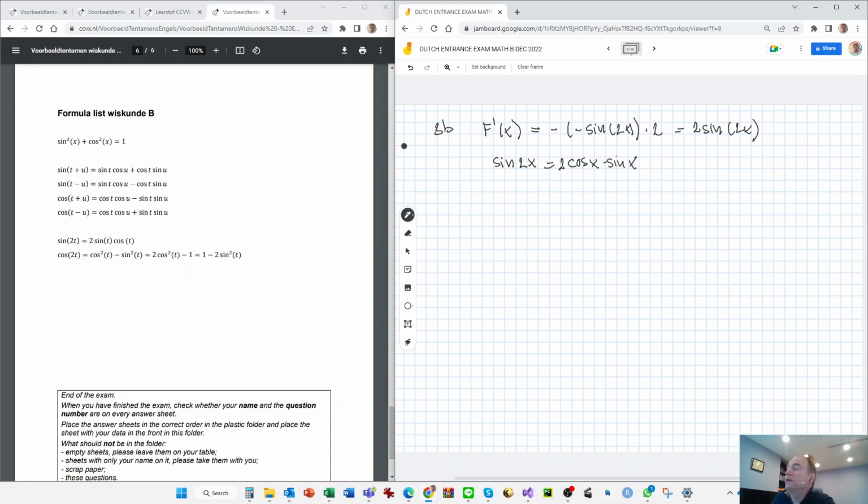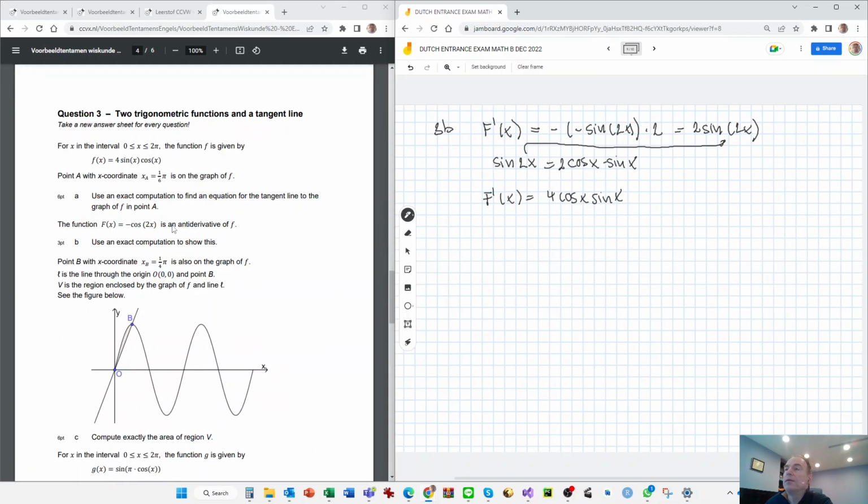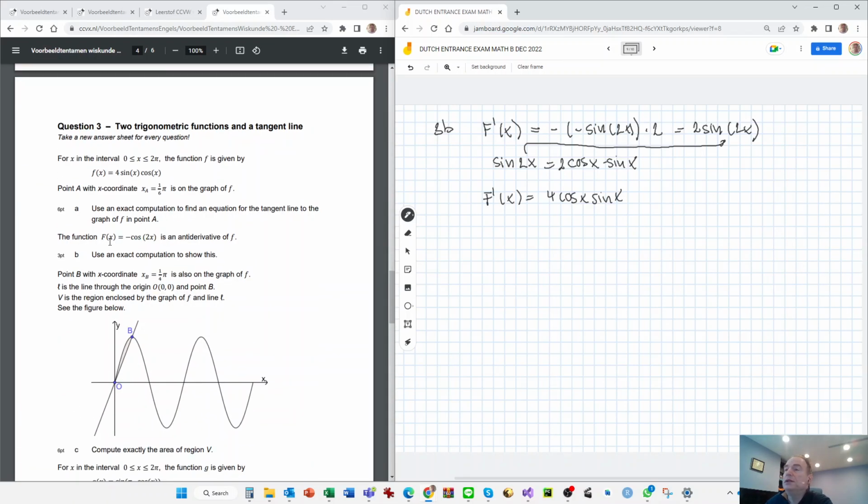Otherwise I wouldn't have gotten the answer. So that's how I found out. But now I substitute this in here, and I get f prime of x is 4 cosine x sine x, which was the original function. So I've shown that indeed this is the antiderivative.